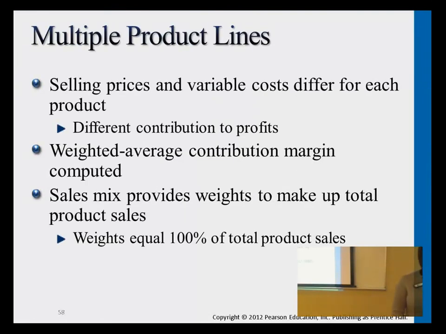Let's learn that. So when we have multiple product lines, like I said, most companies are going to have more than one product. And so selling price and variable costs are going to differ from one to another, and we need to account for that.